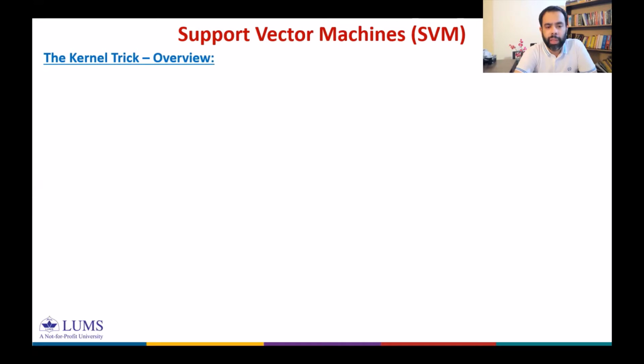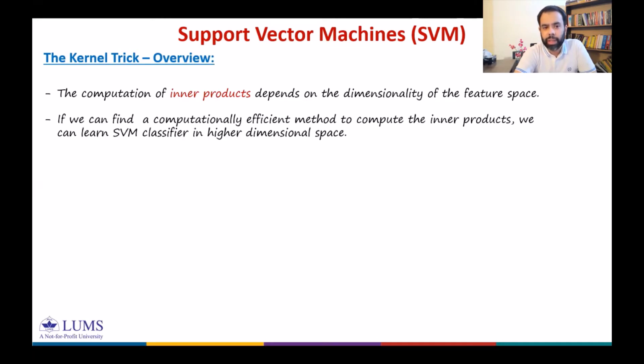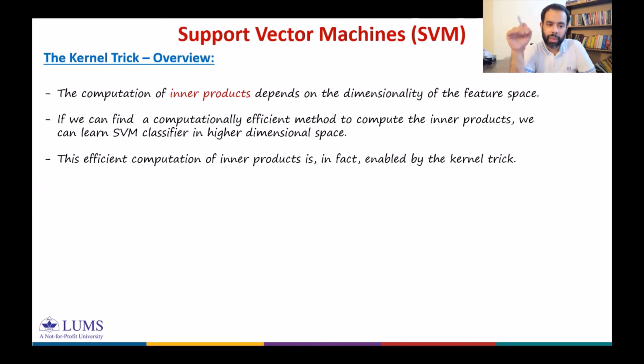The computation of inner products depends on the dimensionality of the feature space. If we can find a computationally efficient method to compute the inner products in higher dimensional space, we can compute a linear SVM classifier in higher dimensional space. So this efficient computation of inner products is in fact enabled by the kernel trick.